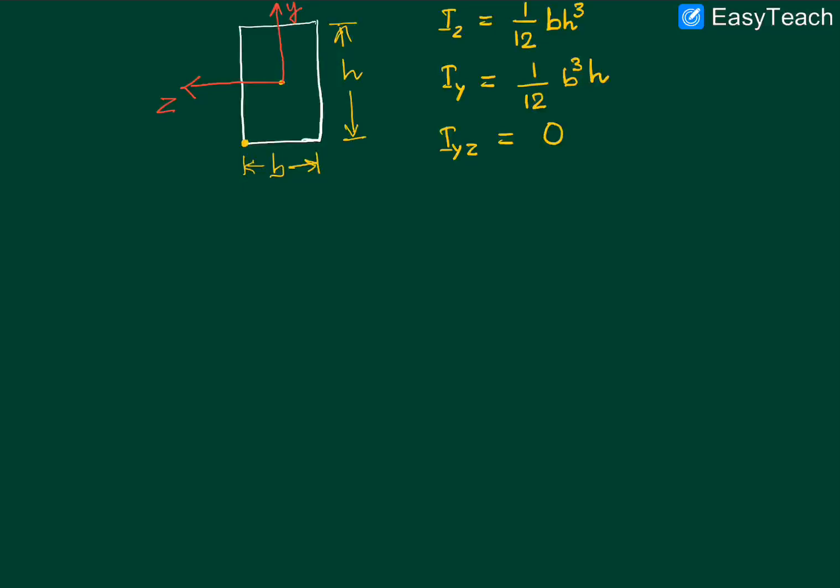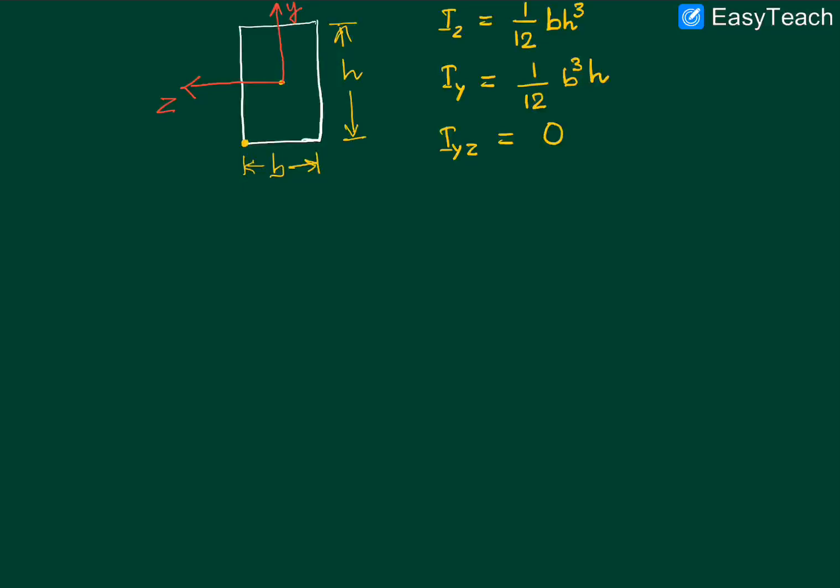So the first step towards that would be to realize that if we have a rectangular cross section, but where the y-axis and the z-axis are not passing through the centroid, then what are the values of Iz, Iy, and Iyz?